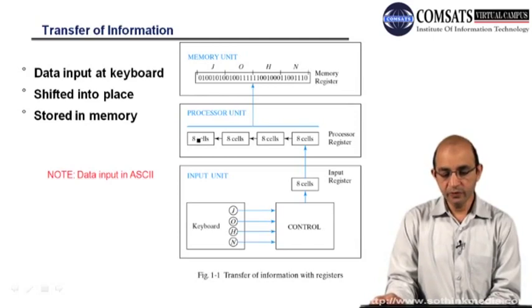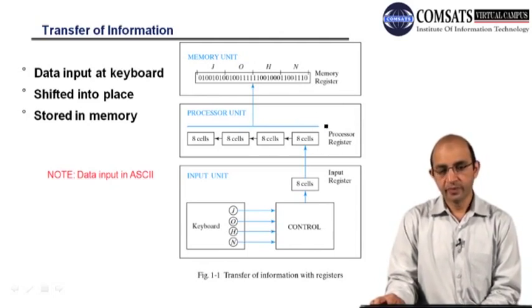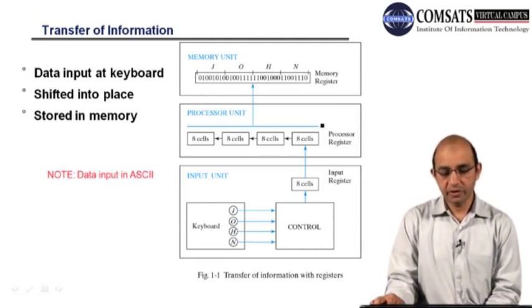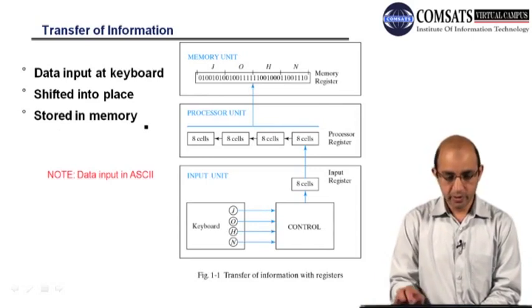So we have a shift register here, and this data has to be stored over here, right? So this is the memory register, and this is, you can say, processing, because we are storing the data and we are shifting the data, and this is the input unit. So this is the transfer of information when we talk about computer system, right?